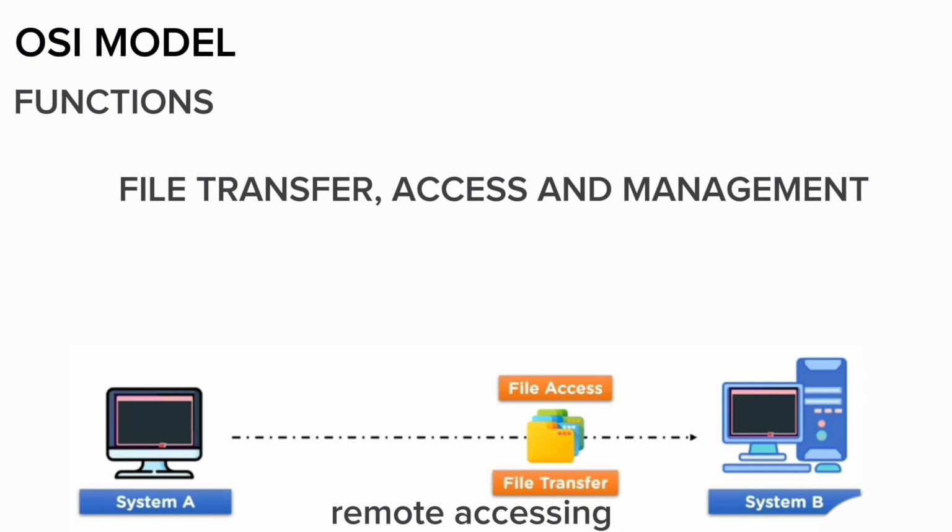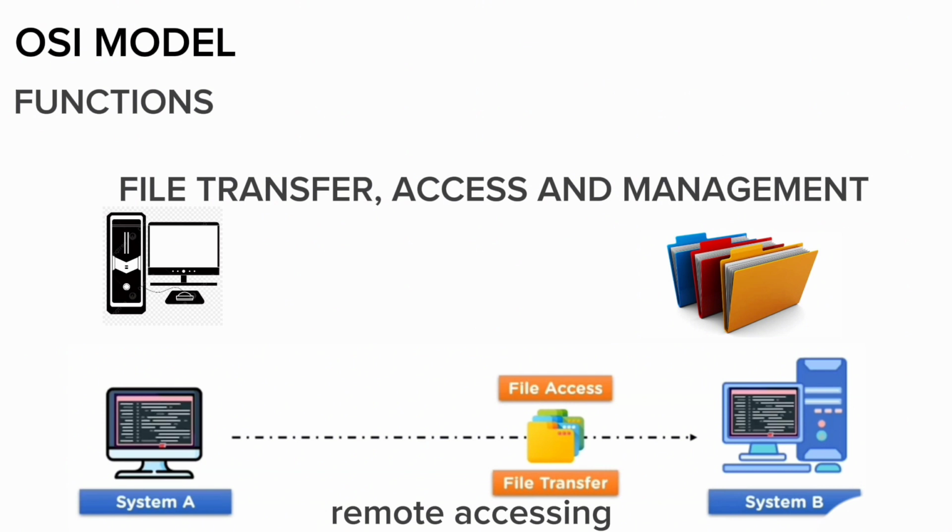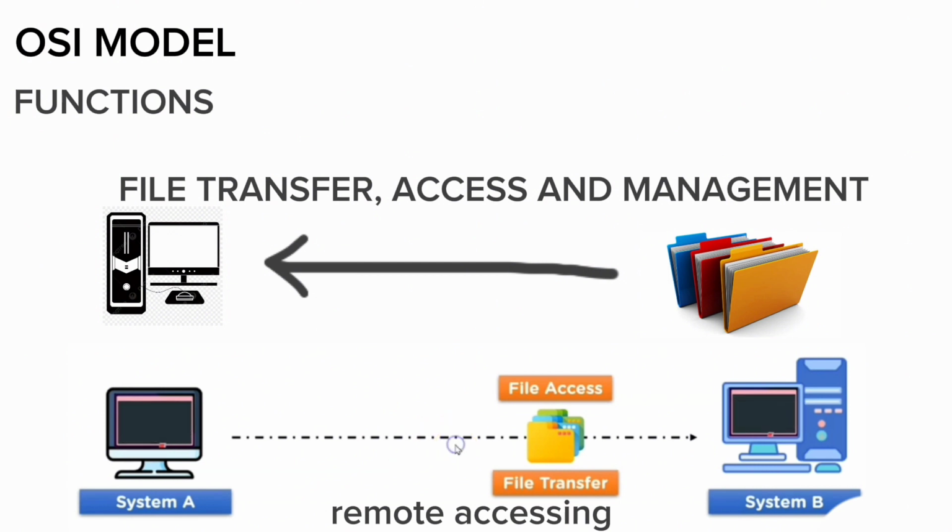Through remote access, users can transfer and manage files from the user system in a remote system. The access of files is handled in terms of file attributes such as file structures and the functions applied to the files and their features.